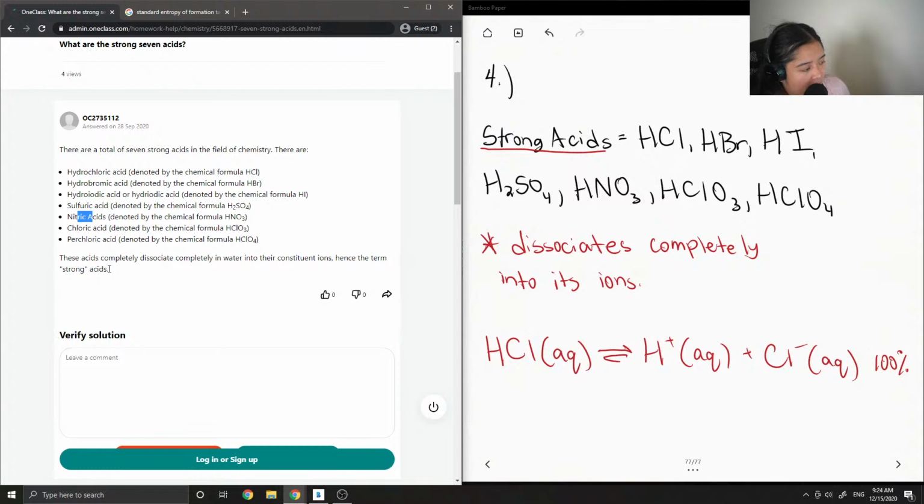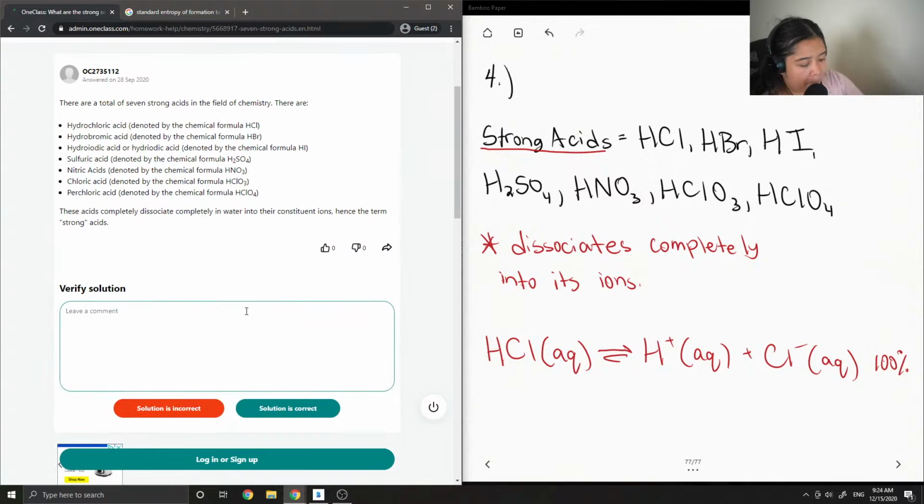These acids completely dissociate in water into their constituent ions, hence the term strong acids. So this solution is correct.